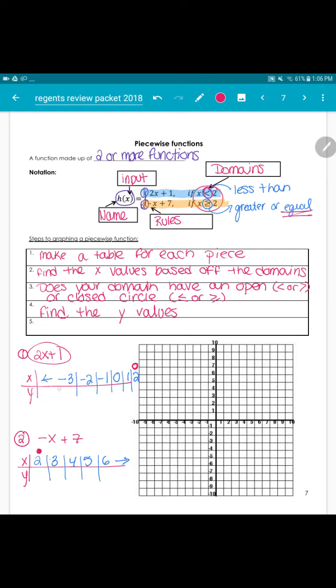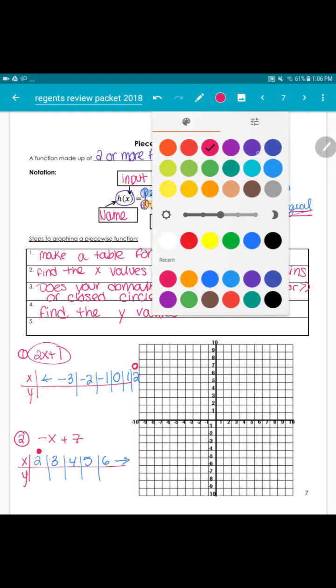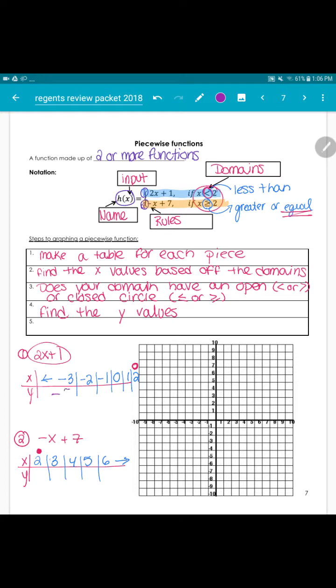So the y values are going to be, let me get a different color, negative 5, negative 3, negative 1, 1, this is going to be 3, and 5.